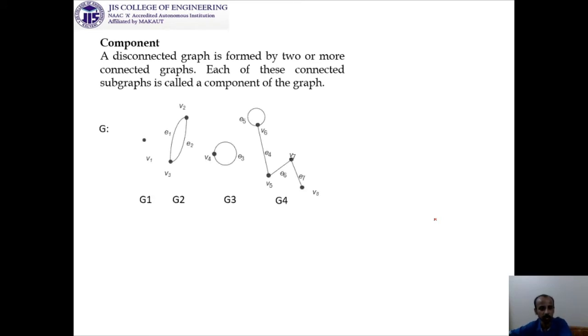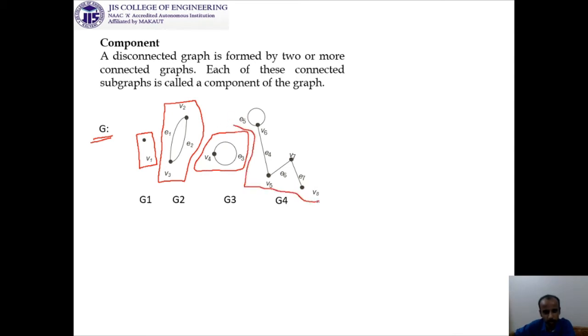So let us move forward. We have already discussed the definition of component. Let us check some more examples. We have considered the graph G. This one is G1, this one is G2, this one is G3 and the remaining is G4.